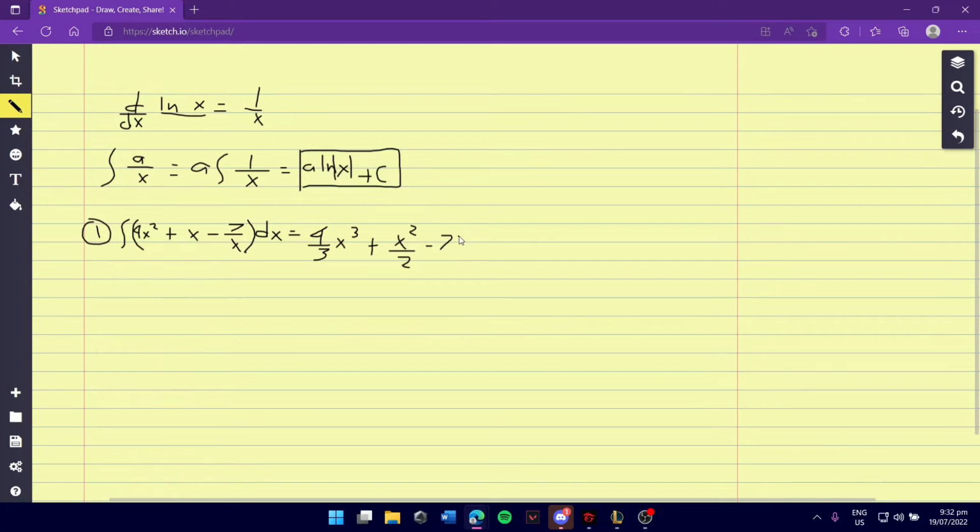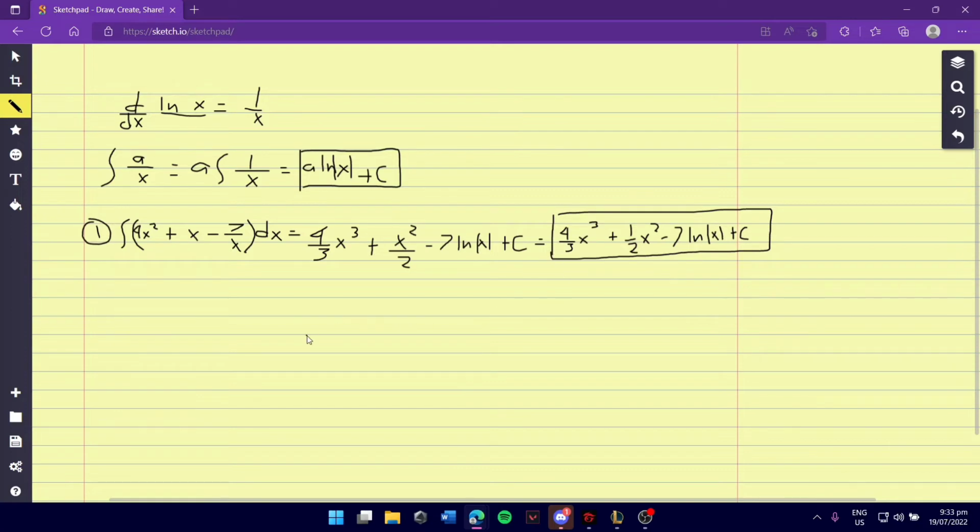So this will become ln of absolute value of x plus c. Simplifying this, we have 4 thirds x raised to 3 plus 1 half x raised to 2 minus 7 times ln absolute value of x, and then plus our arbitrary constant. Then we have our final answer.